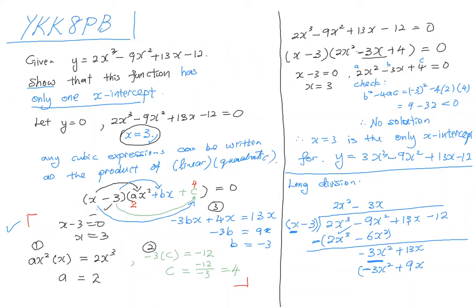So I take away. So this is 0. So negative 13x minus 9x, I got 4x. Are you okay? Then I take away 12.